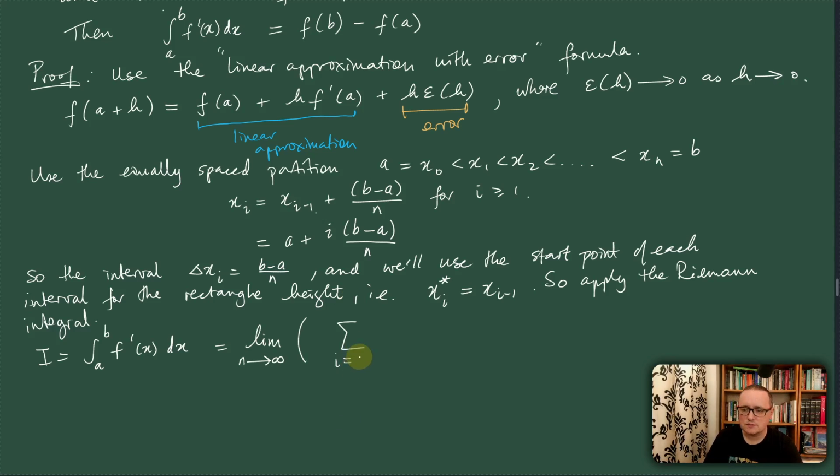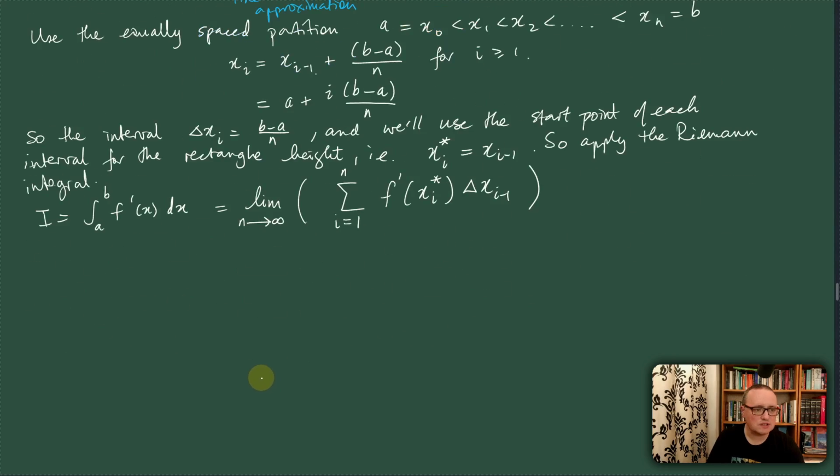So this is going to be the sum from i equals 1 to n, and the height of each rectangle is f prime, the derivative, evaluated at the point xi star, times delta xi minus 1, which is the width of the ith rectangle. So we just want to develop this formula. So we're going to be taking the limit as n goes to infinity, and we put in our choices. So for xi star, we're using xi minus 1.